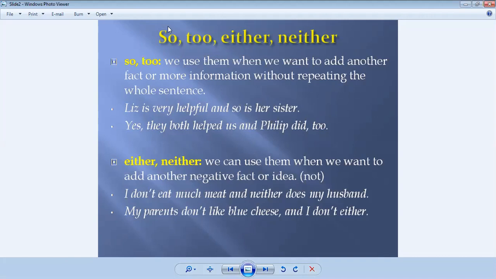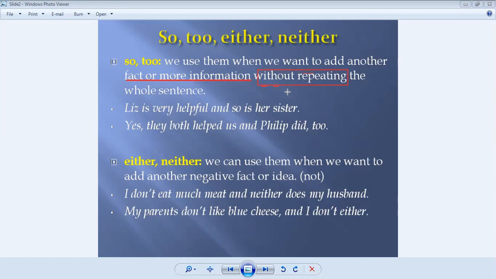How do we use these in our daily language? When we want to add another fact or information without repeating, you're going to avoid repetition. You say one thing and then another sentence repeats it again.